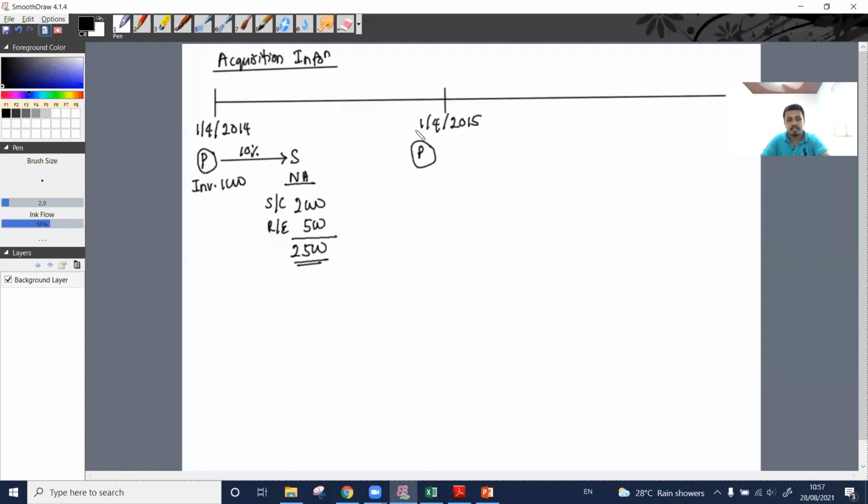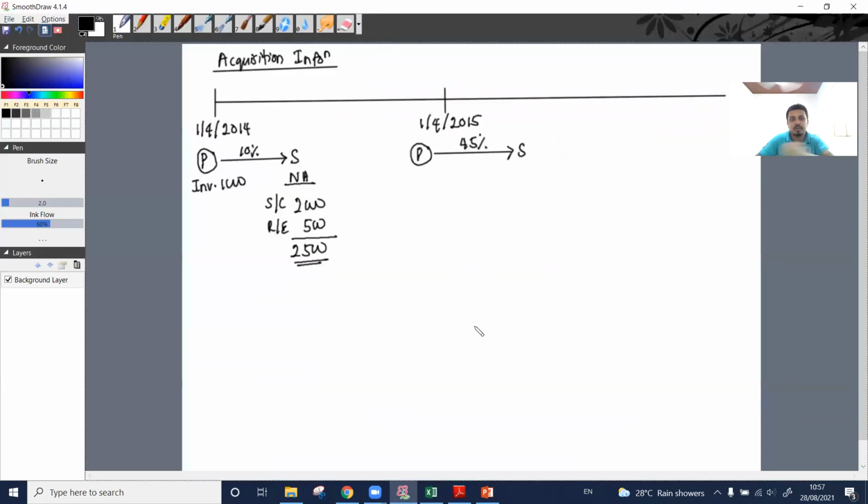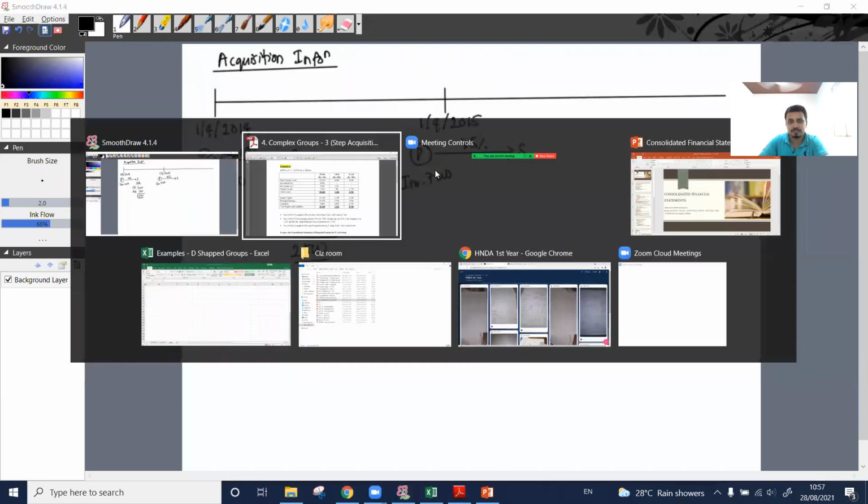Company P has acquired another 45% of company S. For 7,000, it means the investment value is 7,000. To acquire this 45% of S, they have invested 7,000.